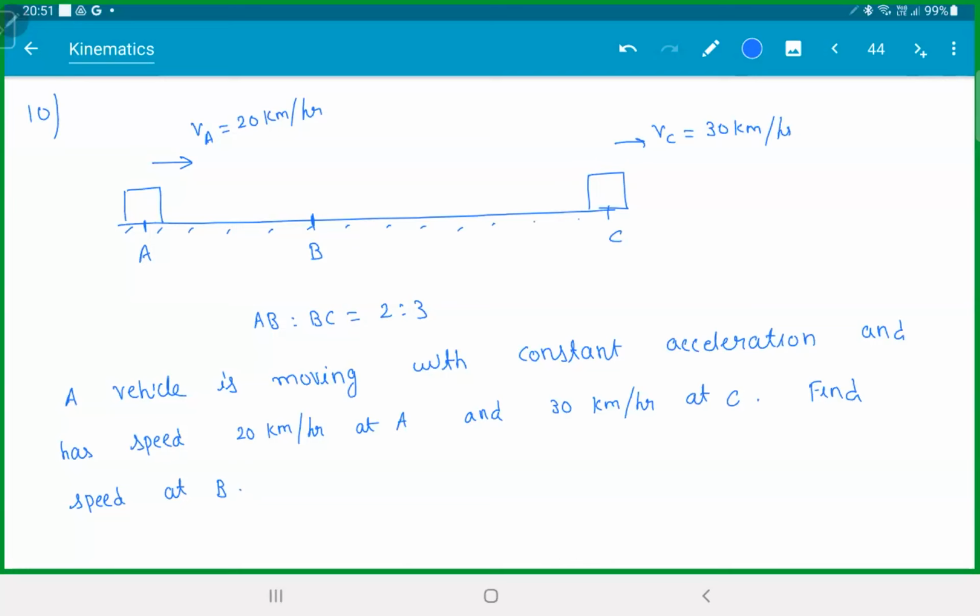We have one answer so far. Everyone others try. Right, Lakshika, Hanika.